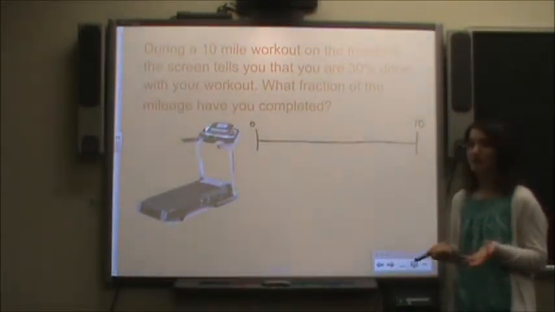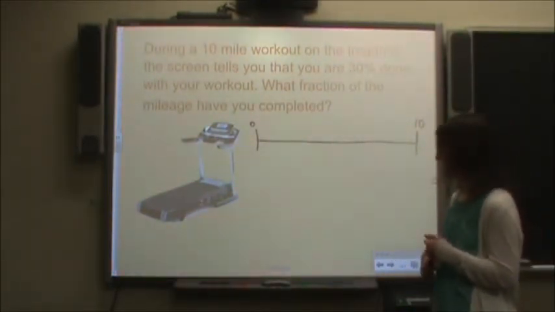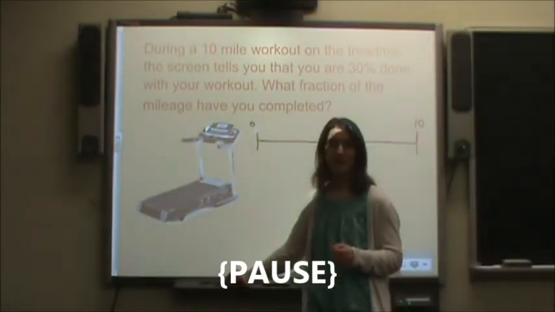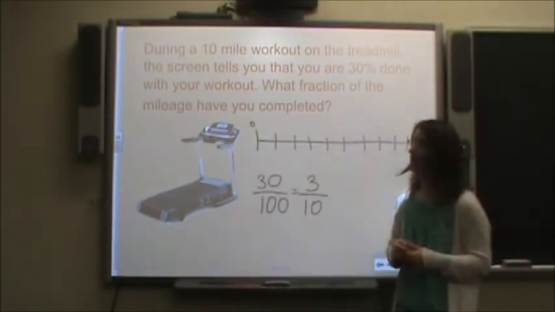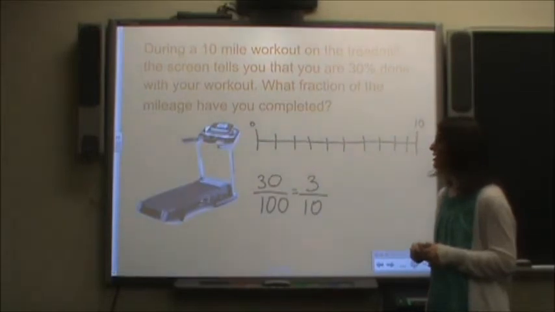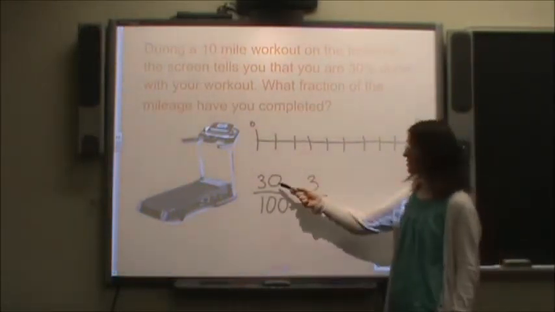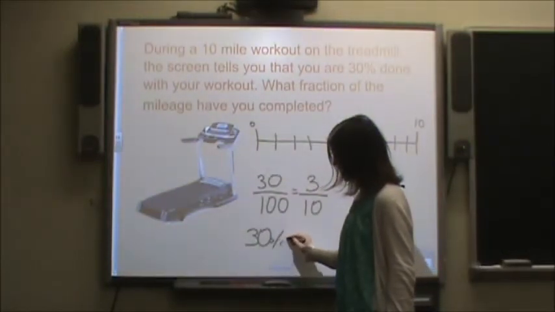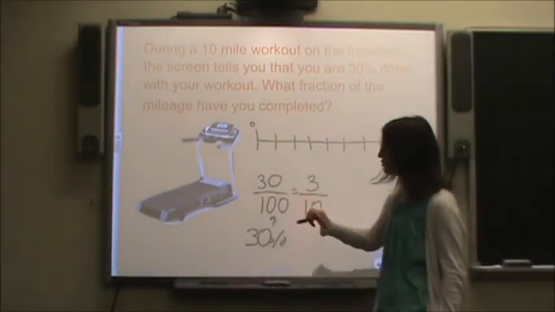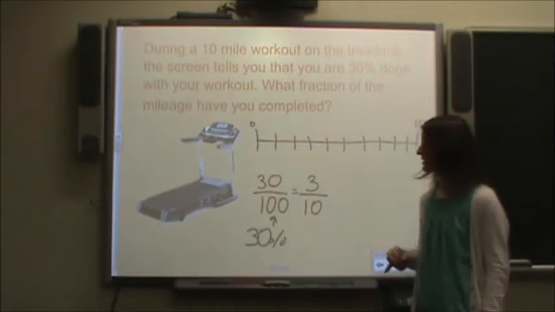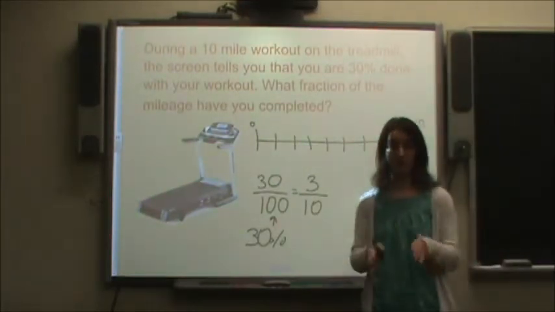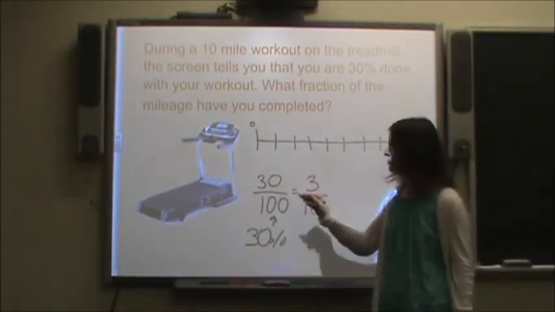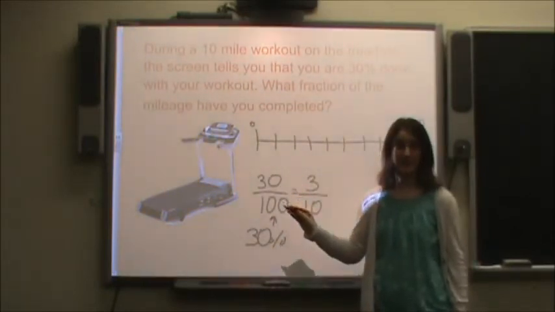If you figure out how many miles you've completed, you'll be able to figure out the fraction pretty easily. Pause the video and try that now. Okay, so you know that you have completed 30%. So 30% is the same as 30 over 100. So if you were to break the run up into 100 little pieces, you have completed 30 of those little pieces.